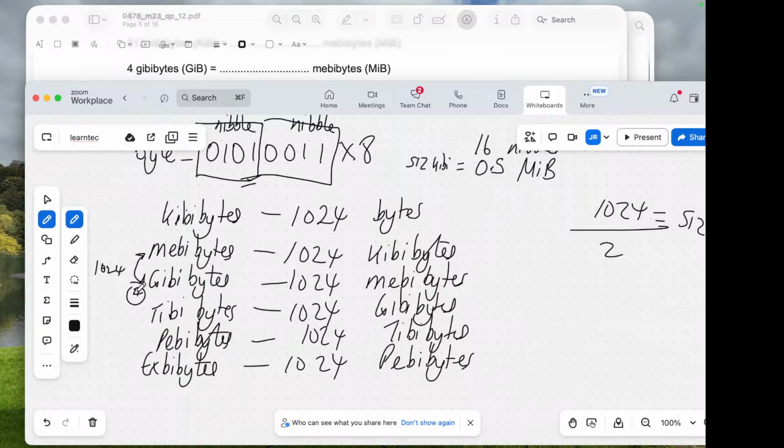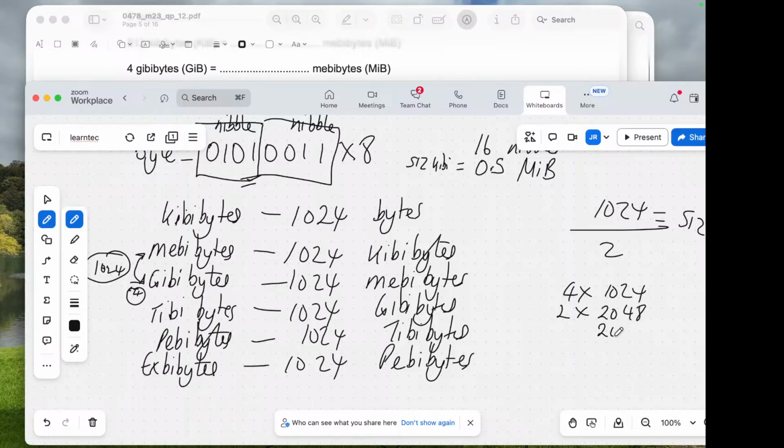Yeah, so basically, if we've got 4 gibibytes, how many mebibytes? Well, each one is 1,024, so it's just 4 times 1,024, because we're going up that step 4 times. So 2048 is 2 of them.